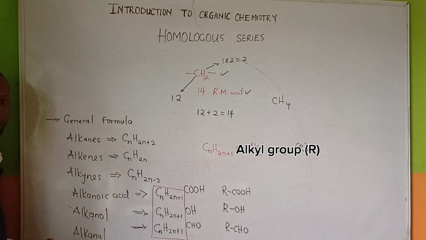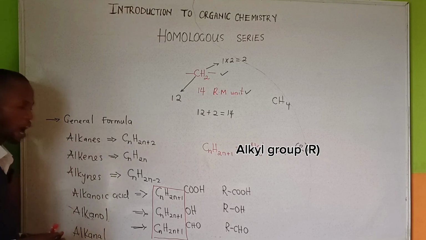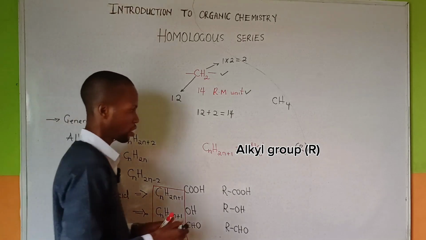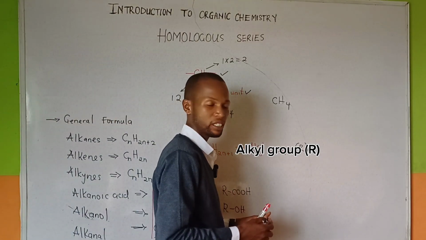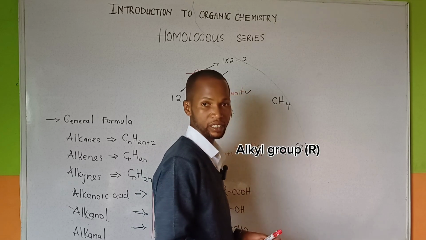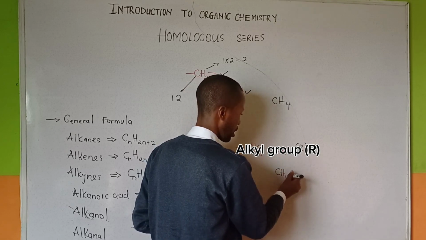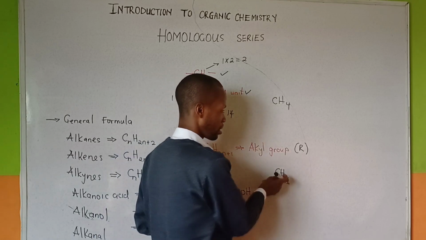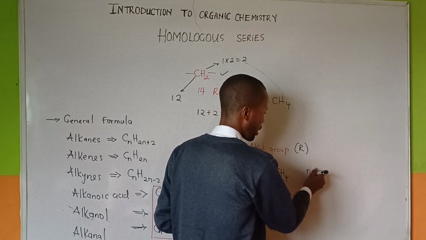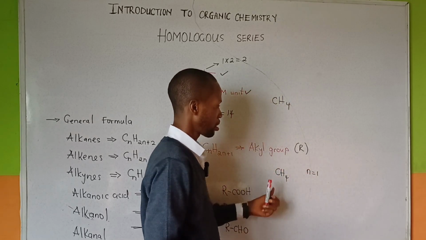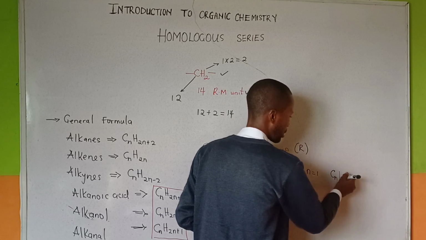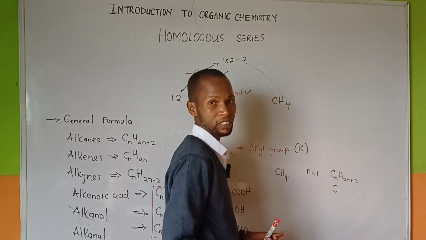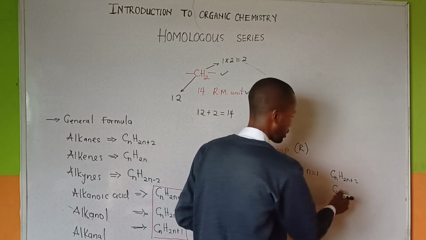The same general formula. So let's take, for instance, the alkane. They have the CnH2n+2. The first member of the alkane is methane. We have CH4. How did we arrive at the molecular formula CH4? This implies that the value of n equals 1. That means from the general formula CnH2n+2, C1, so 1 is insignificant, so we don't need to express 1.